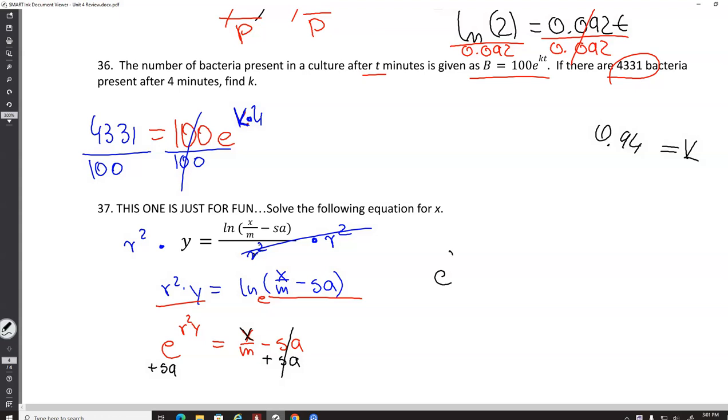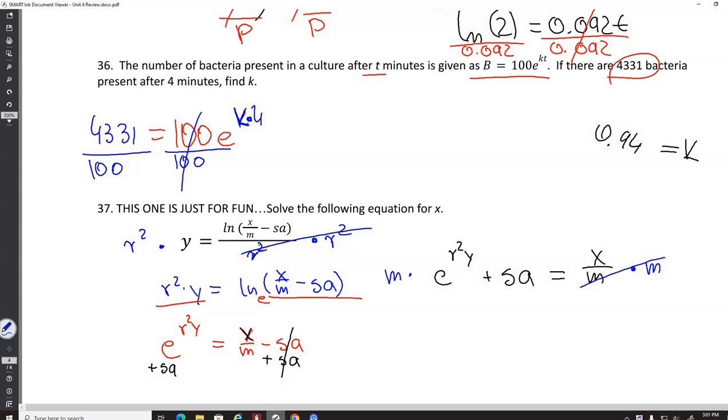So I get e raised to r squared y. Again, you're not combining, you're literally rearranging the pieces. SA goes to the other side, and it now equals just x over m. Now to solve for x, I gotta get rid of the m, so I'm gonna multiply both sides by m.